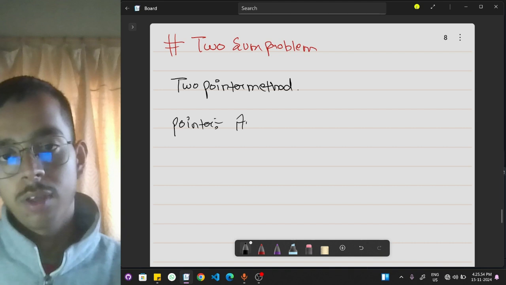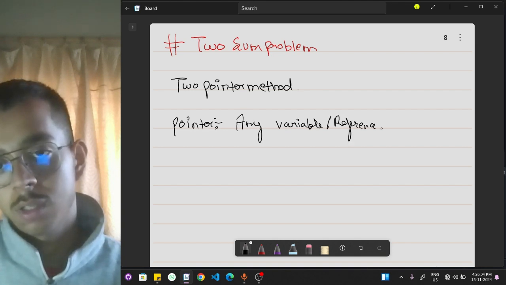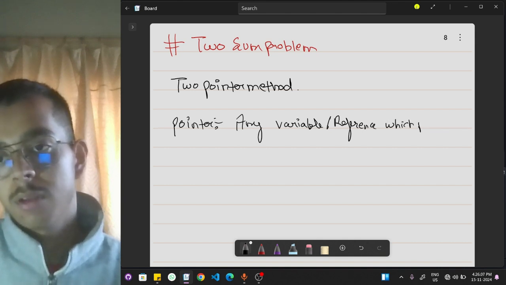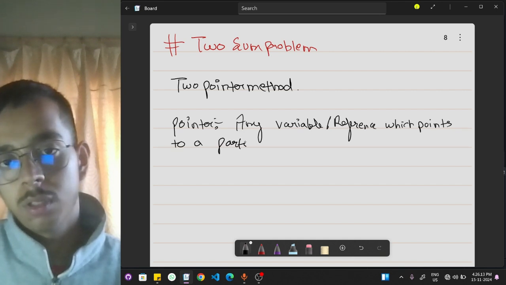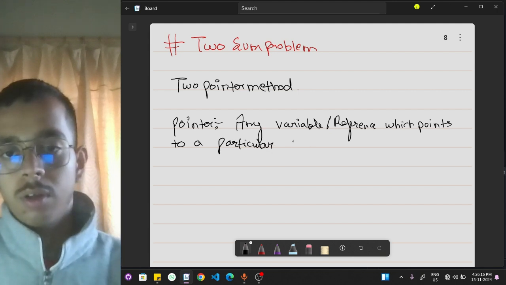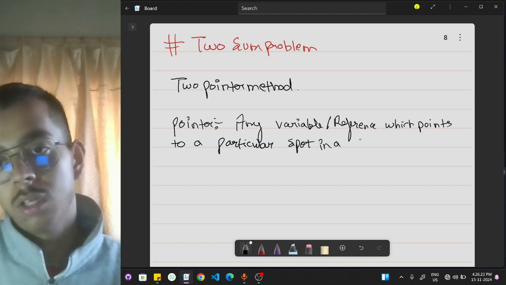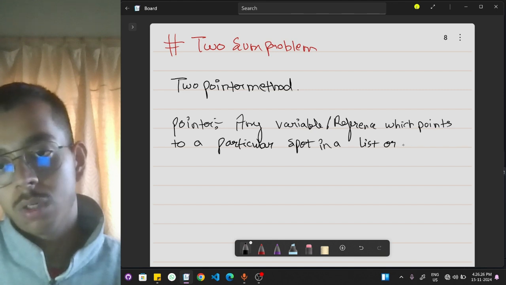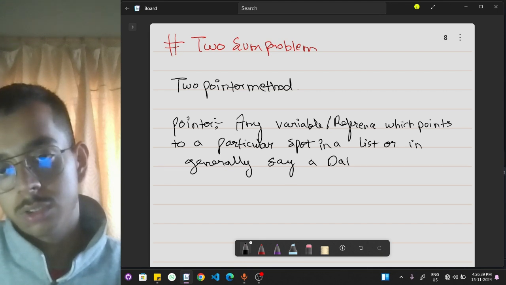Any variable or reference which points to a particular spot in a list or, in general, say, a data structure.